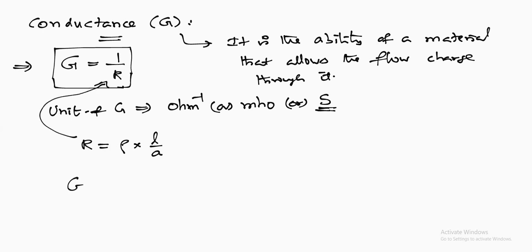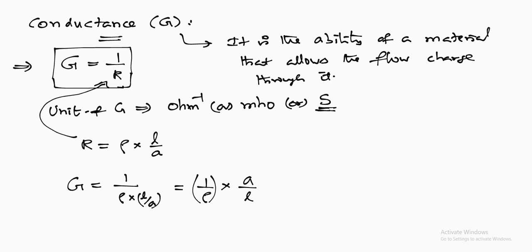So G is equal to 1 by rho into L by A, or I can write this as 1 by rho into A by L. What is 1 by rho?